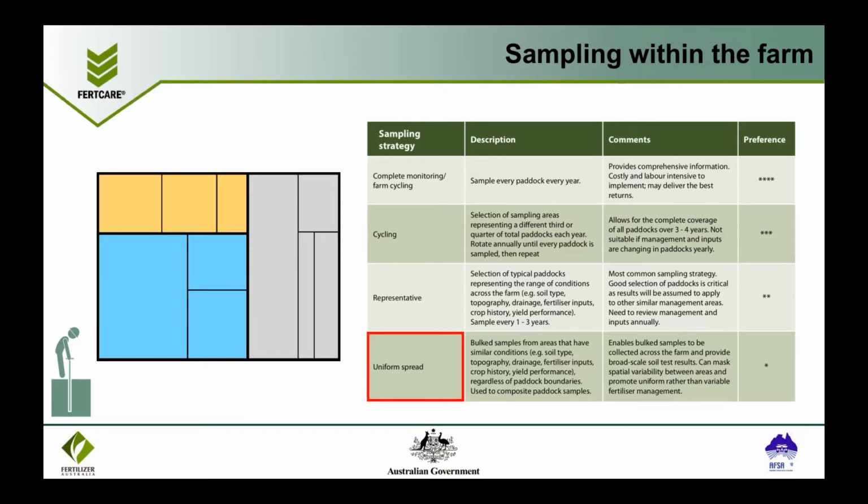Another potential approach that is used is what we term here as uniform spread, where samples are bulked across a number of paddocks within a zone. But I guess this does introduce some significant issues in that you're going across areas where you're introducing areas where there's potentially more variability.